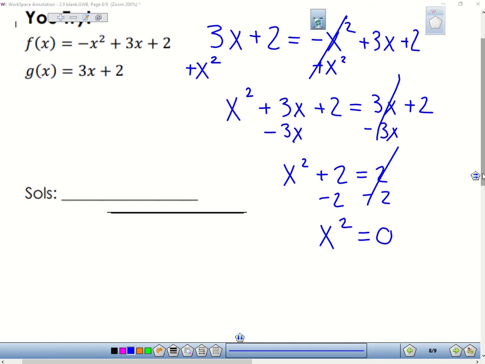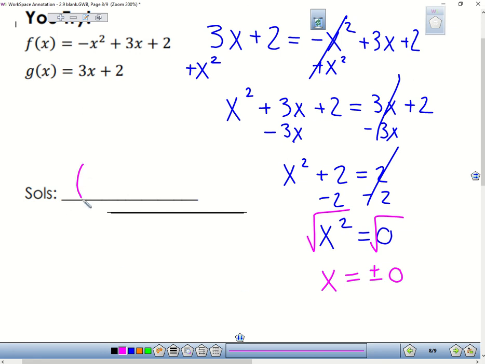Everybody see how I got x squared equals 0? So when I get to this point, I just have to take the what of both sides? Square root of both sides. When you get a square root solution like this, this is just x equals plus or minus 0. And negative 0 and positive 0 are the same thing, right?